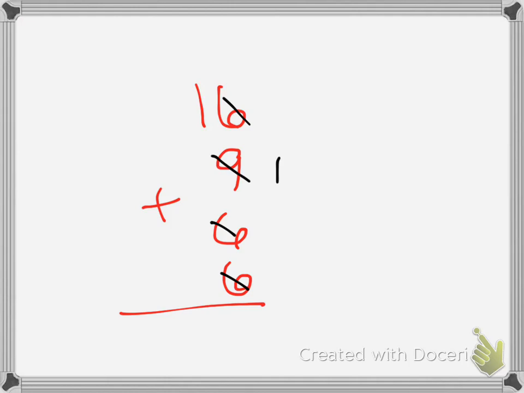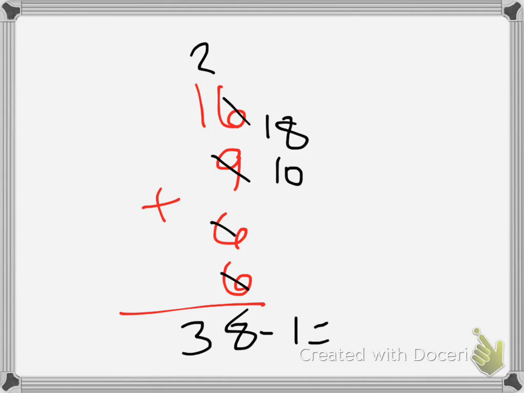So 3 times 6, we know that's 18, and that 9 can be changed to a 10. So if we add the 18 plus the 10, that gives you 28. So 28 plus 2, 28 carry the 2, 2 plus 1 gives you 3. So you end up with 38. But if you remember, we changed the 9 to a 10, so we got to take 1 away. So the mental math will give you a total of 37 stars for this math review.